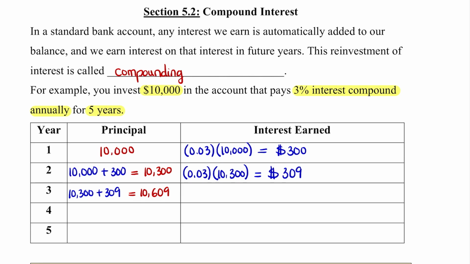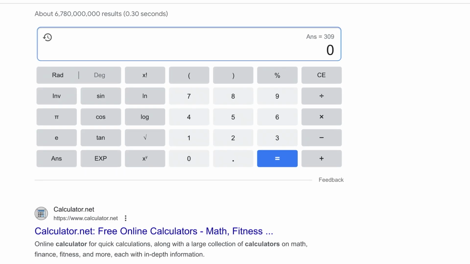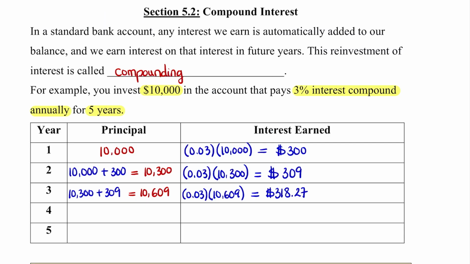In the third year, I'll earn 3% interest of $10,609. So I take 0.03 times 10,609. That is $318.27.